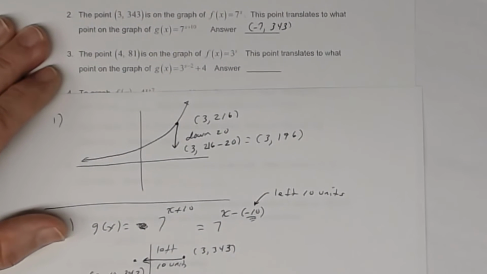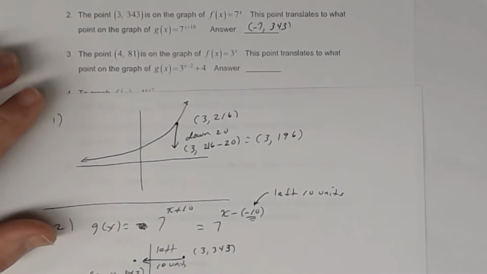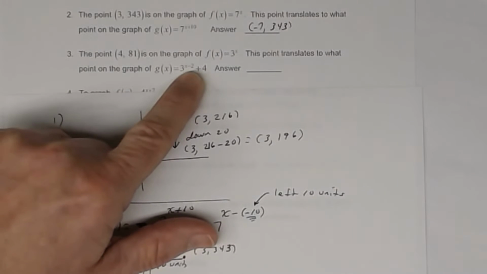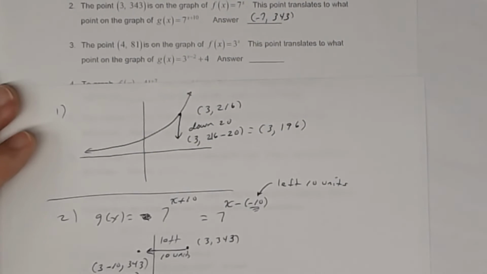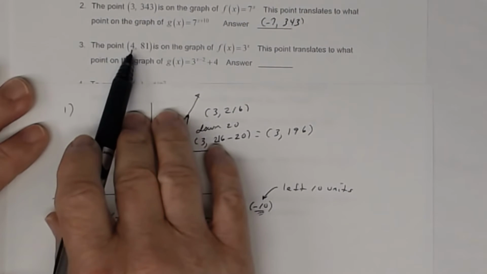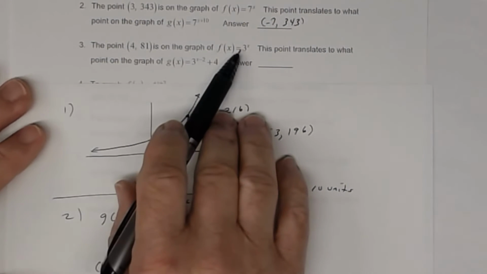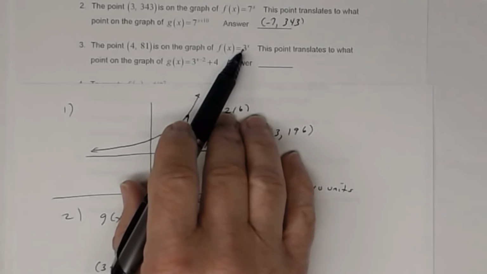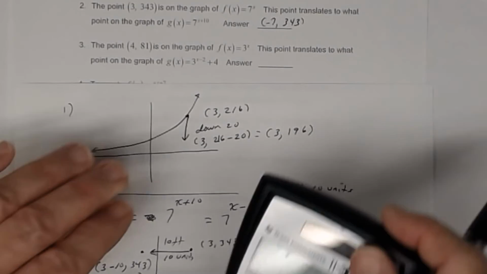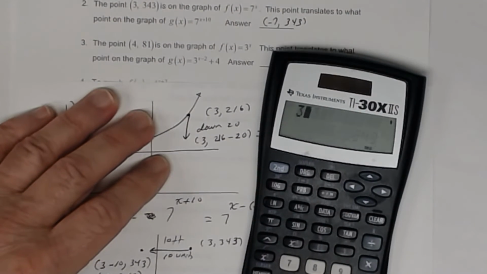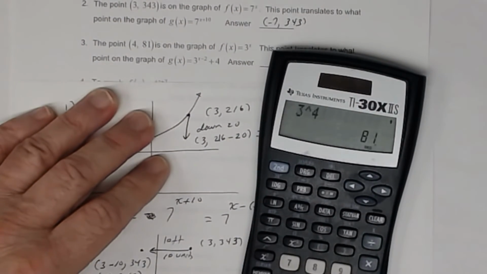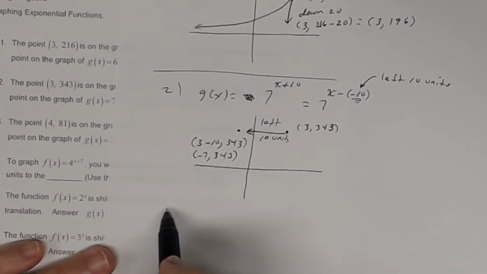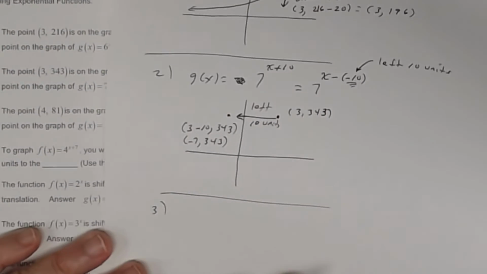And then in number 4, we have two transformations occurring, a horizontal and a vertical. You're told that the point (4, 81) is on the graph of the function 3 to the x. You can verify that it's correct: 3 raised to the 4th power equals 81. So here's number 3.